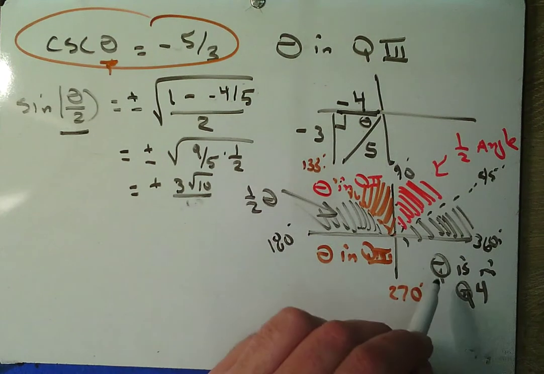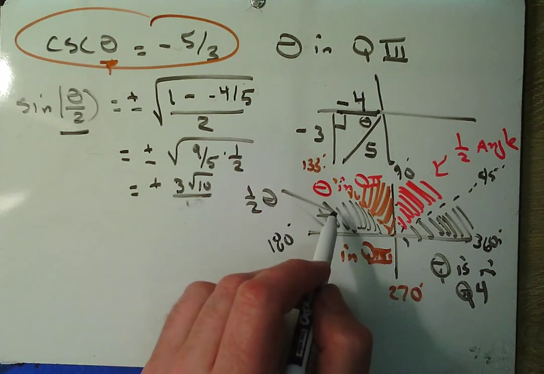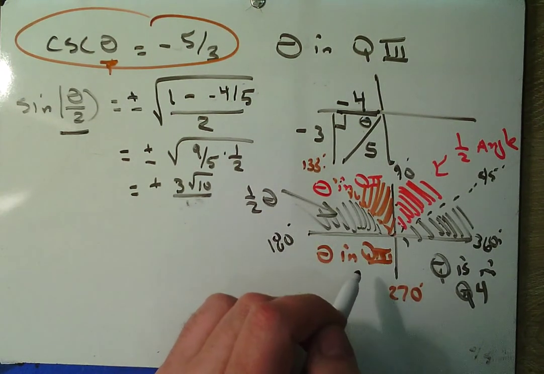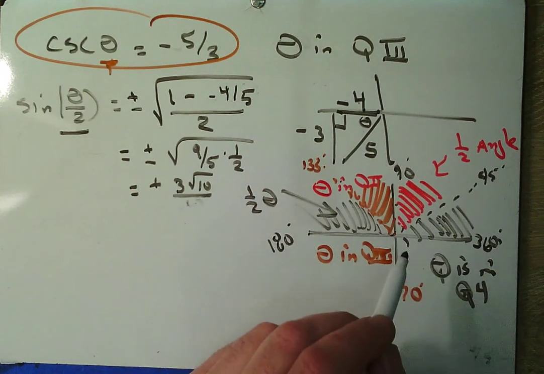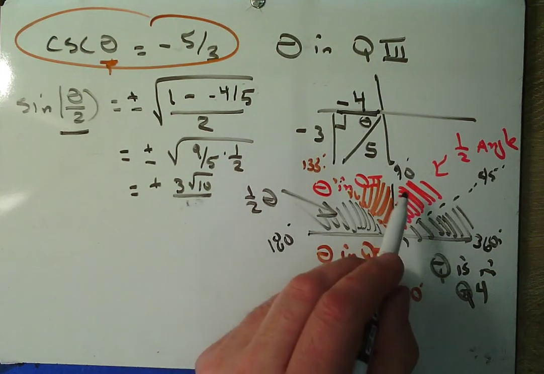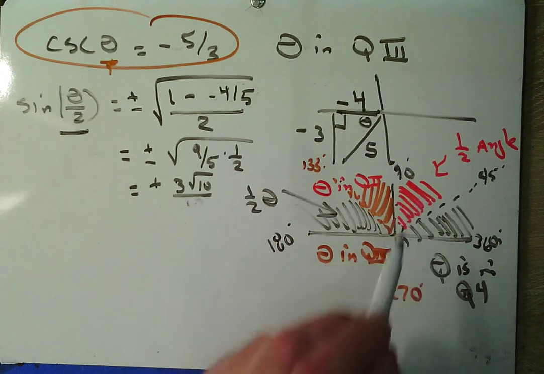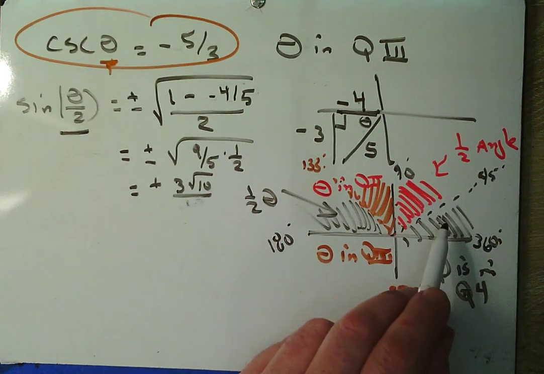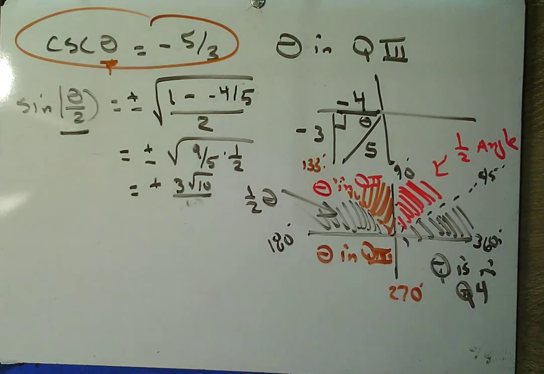Positionally, half of any fourth quadrant angle is here, half of any third quadrant angle is here, half of any second quadrant angle is here, and half of any first quadrant angle is down here. Okay, so I'm going to be keeping that in mind when I'm deciding in these draw a triangle problems whether the half angle formula will have a plus or a minus on it.